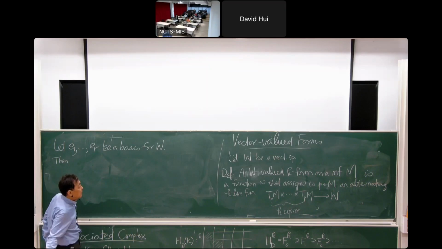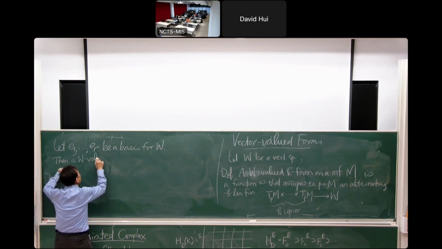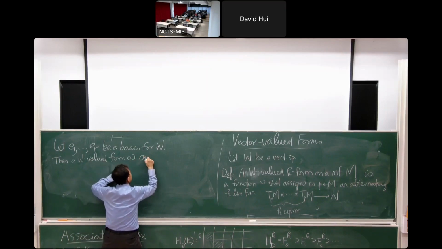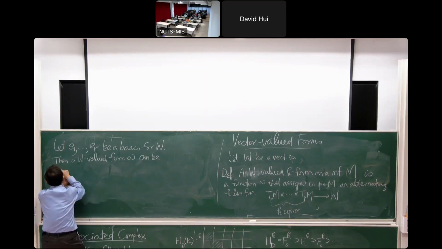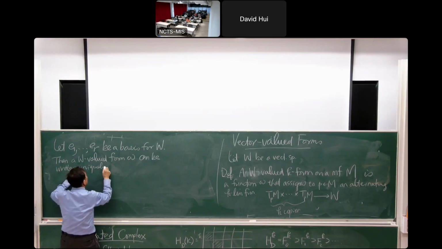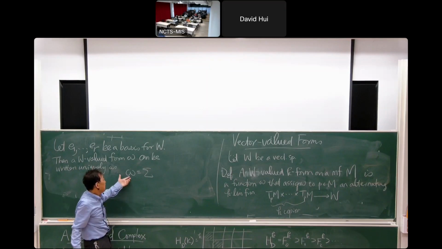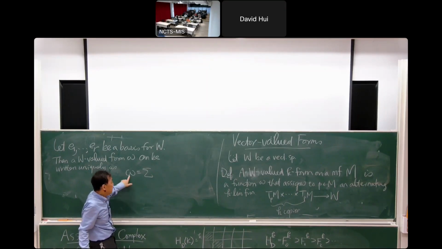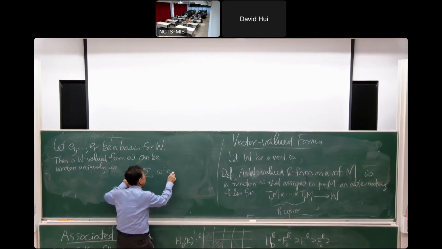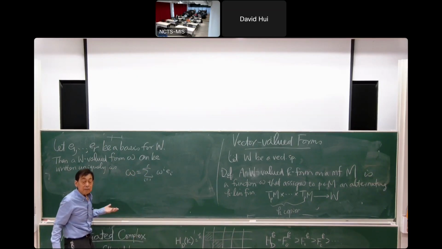Then a W valued form, say omega, can be written uniquely as, okay, the value of omega is in W, and so that's a linear combination of the e_i's. And the omega_i's are ordinary forms.